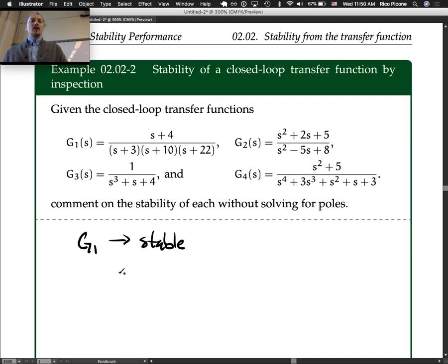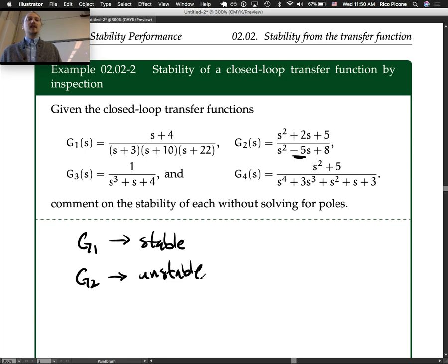G2, what can we say about G2 just by inspection? I'm seeing this guy right here. There's a negative, which means that not Q, right? So that means not P, which is it's unstable, right? We can test for instability this way, as we know just by inspection, unstable.